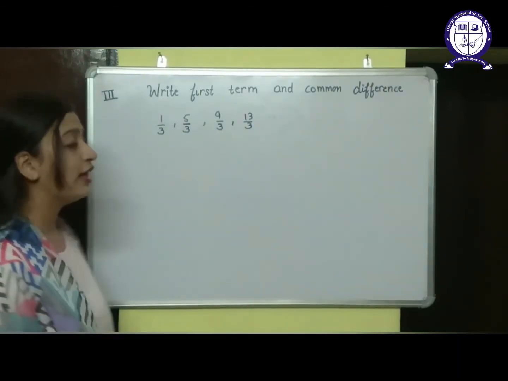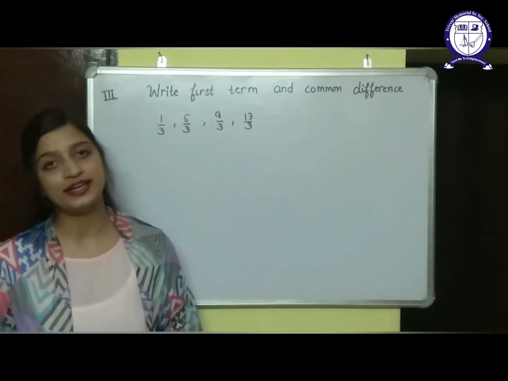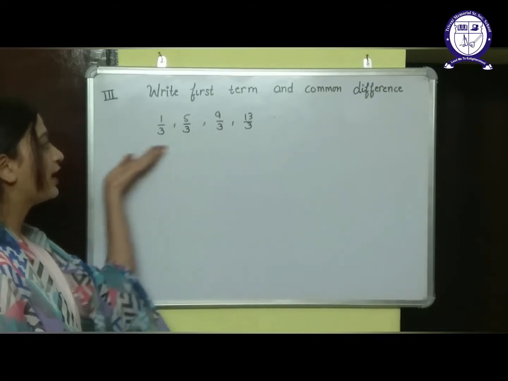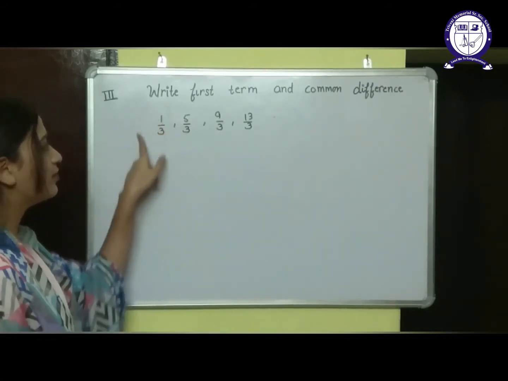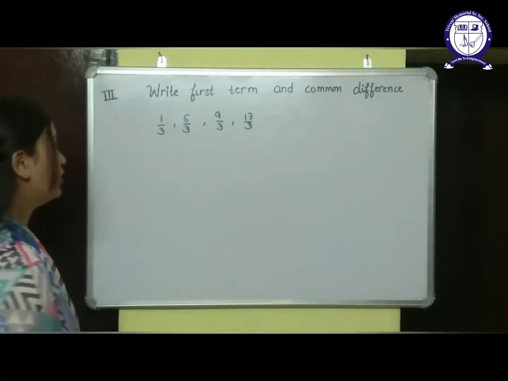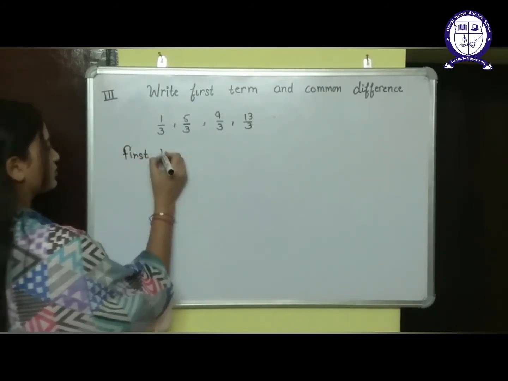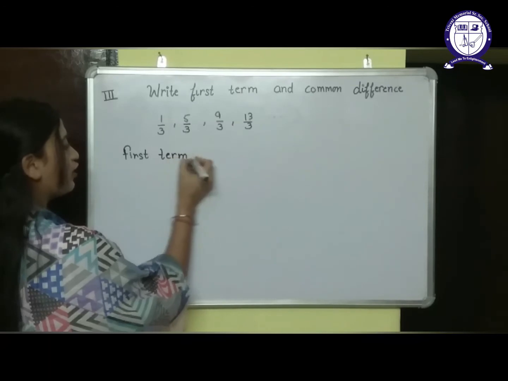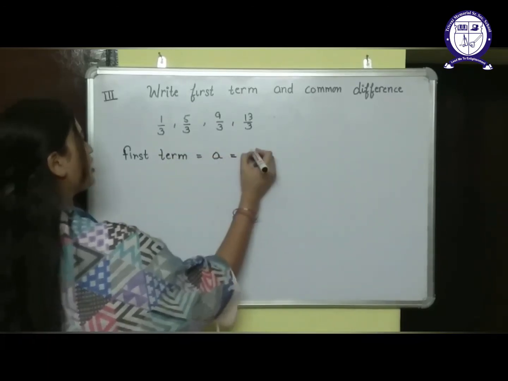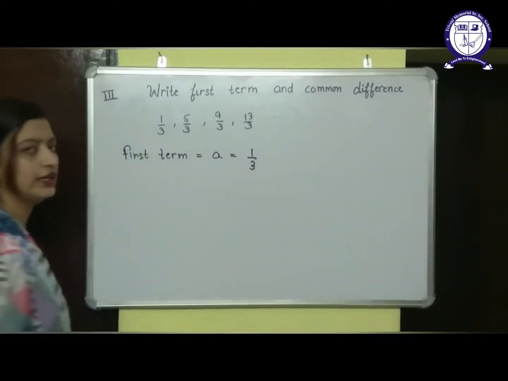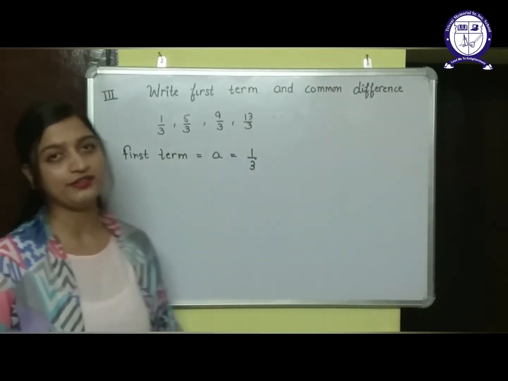Now first of all, finding the first term is very easy. You just need to look at the AP and the very first number will be your first term. So first term, symbol of first term is A, which is 1 upon 3. Now finding the common difference.